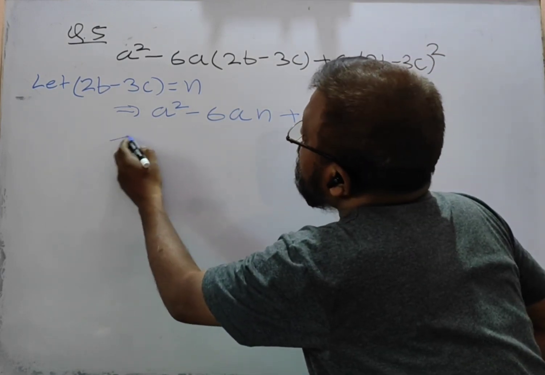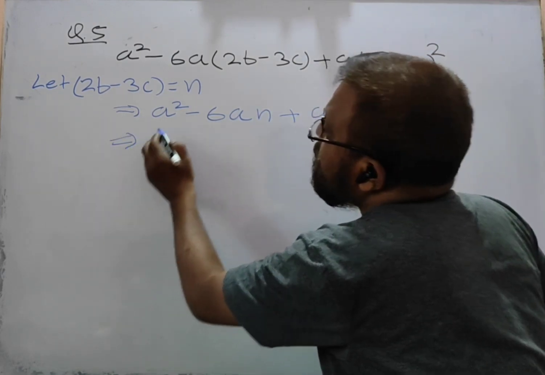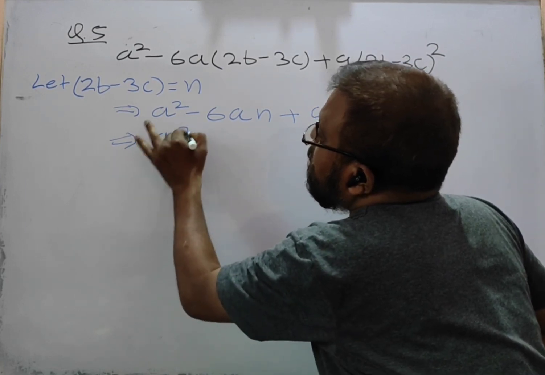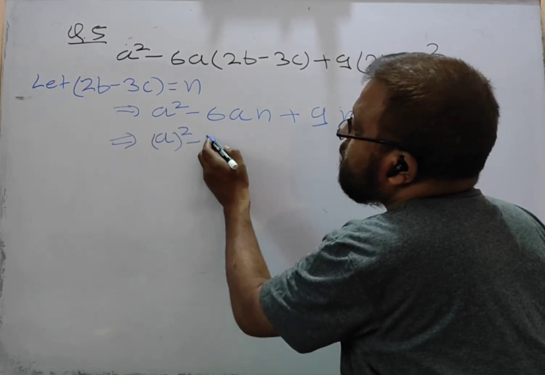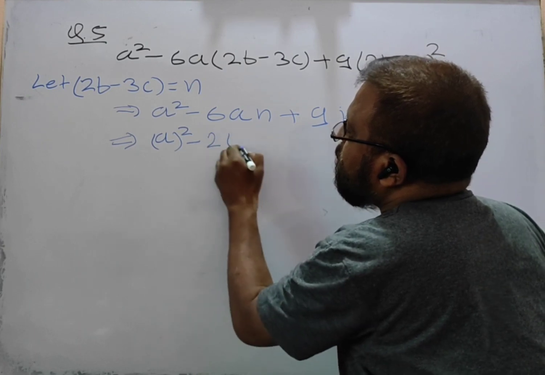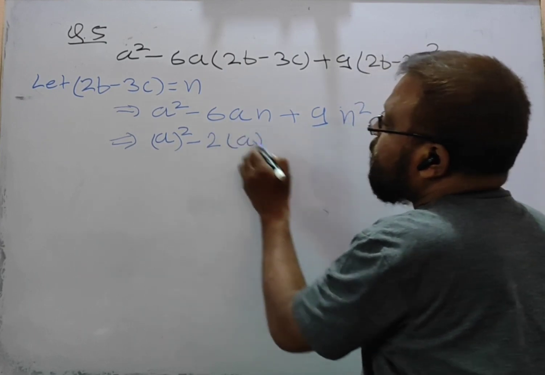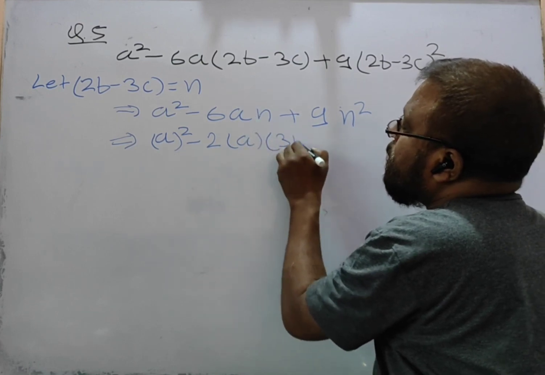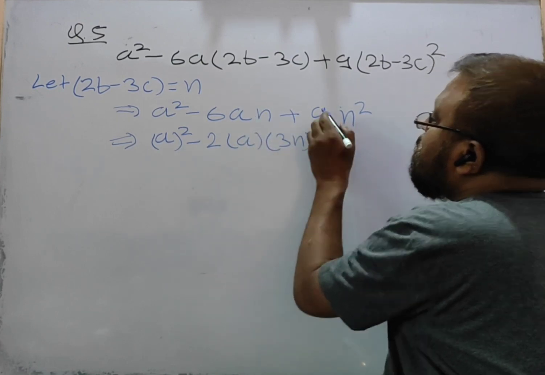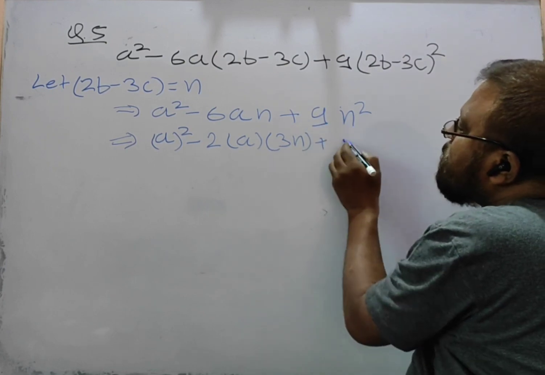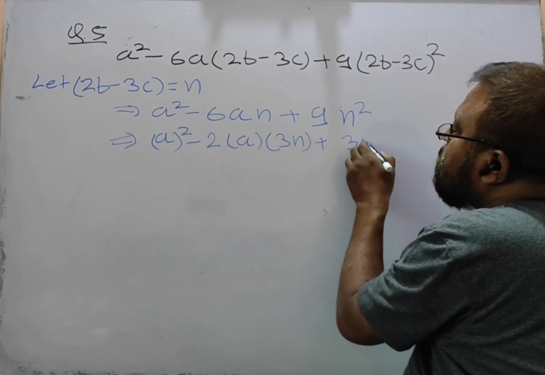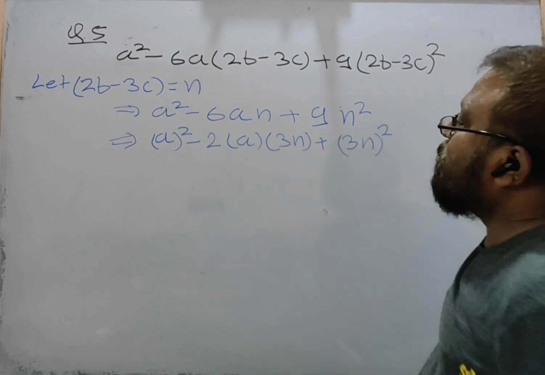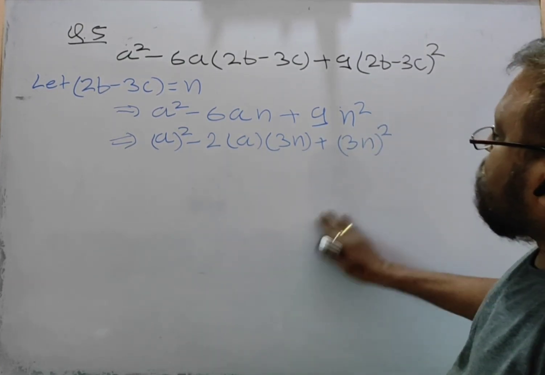So now again we can do it like this: a whole square minus 2 into a multiplied 3n plus 9n square, which means (3n) whole square, right? This we get.